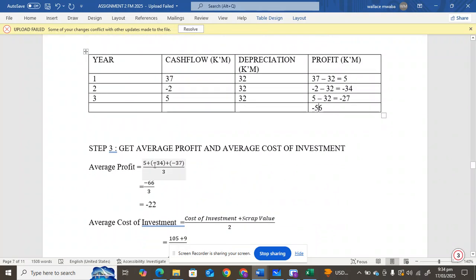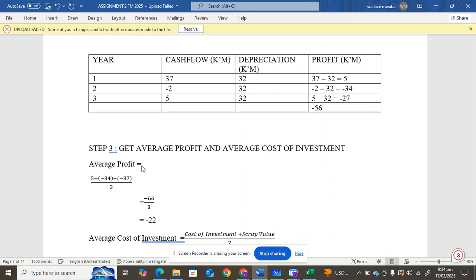The average profit is basically your total accounting profit divided by the number of years.